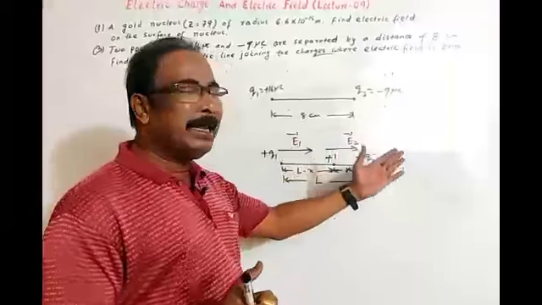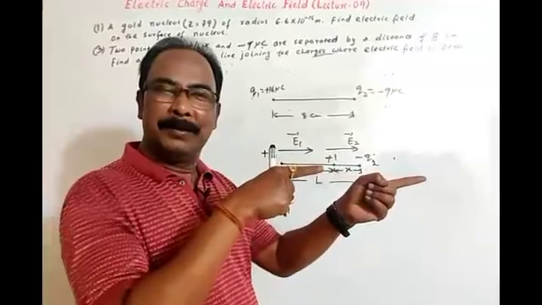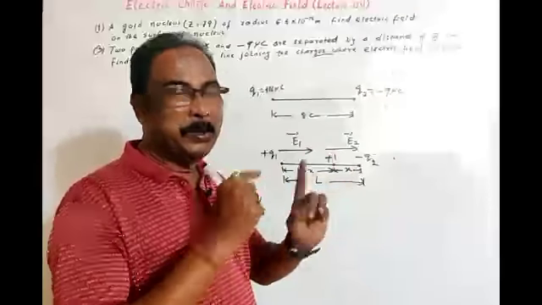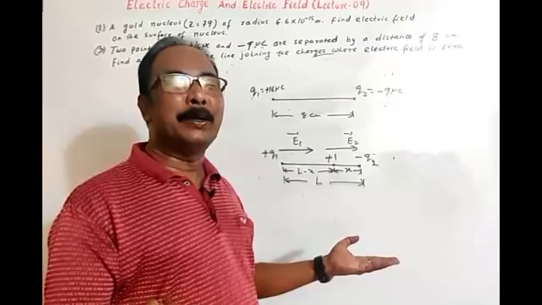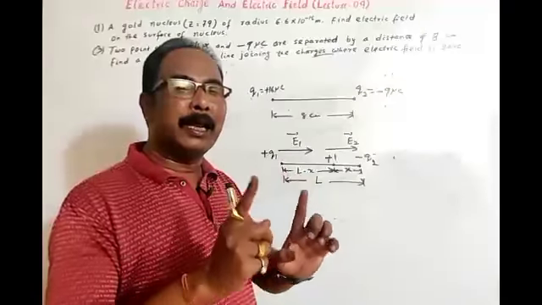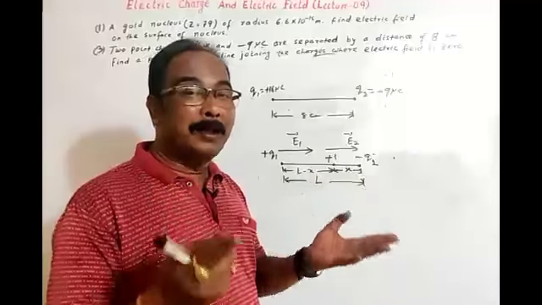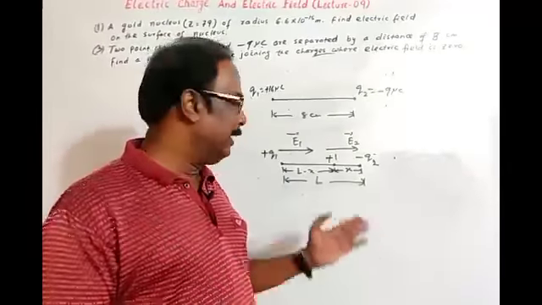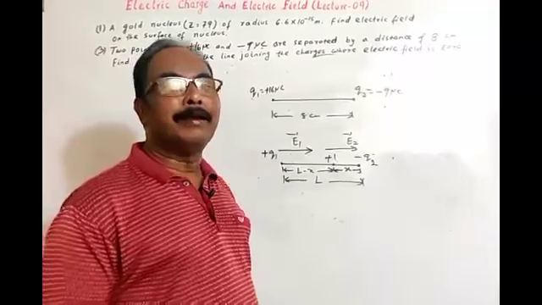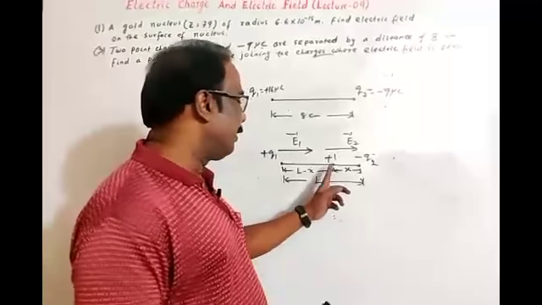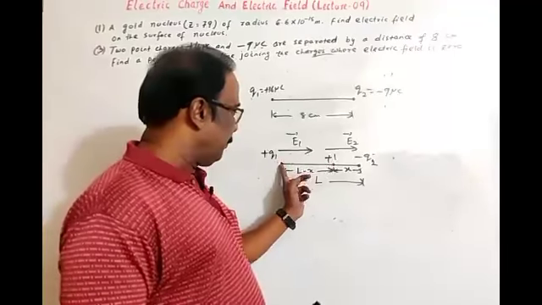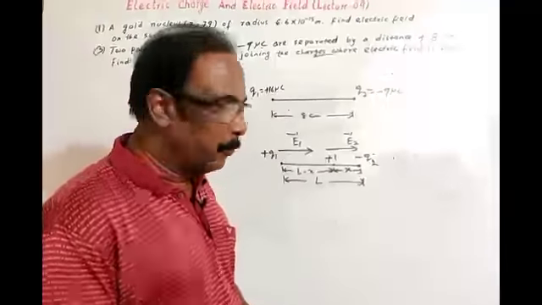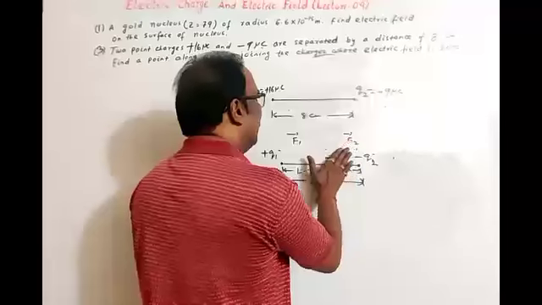They are in the same direction, so the angle between them is 0 degrees. If the angle between two vectors is 0 degrees, the magnitude of their resultant equals the sum of the magnitudes of the vectors. So here we can't get 0 resultant field intensity in between the two point charges along the line joining the charges. I'm erasing.